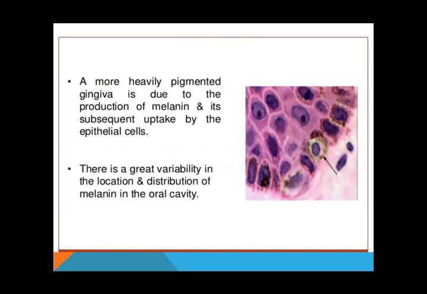A more heavily pigmented gingiva is due to the production of melanin and its subsequent uptake by the epithelial cells. There is great variability in the location and distribution of melanin in the oral cavity.